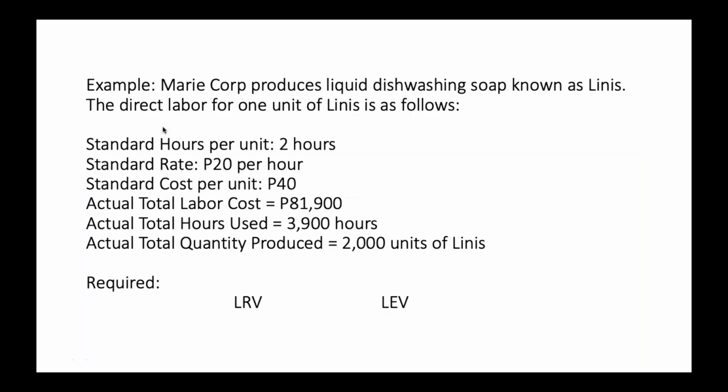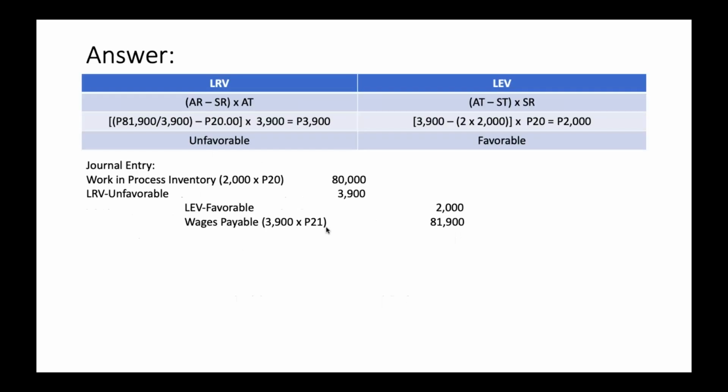Where did we get this one? We actually paid a labor cost of 81,900 and the actual hours used is 3,900. So to get the actual labor rate, you just simply divide 81,900 by 3,900.